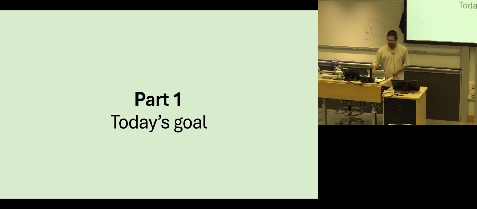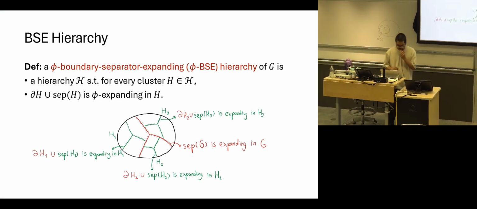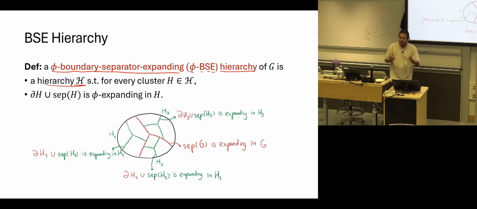Good. All right. So let me recall the BSE hierarchy, right? The phi bodily separator expanding hierarchy. This is just a hierarchy of a graph, which is a kind of laminar family of induced subgraphs.